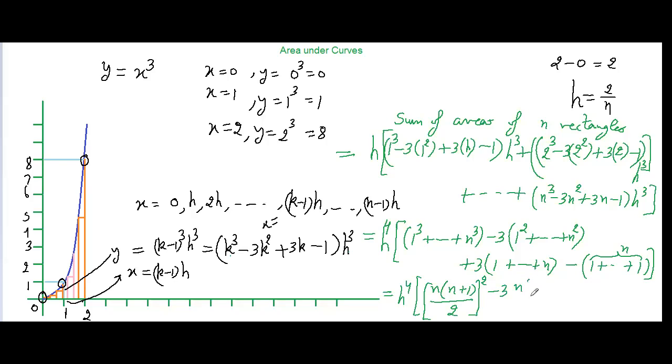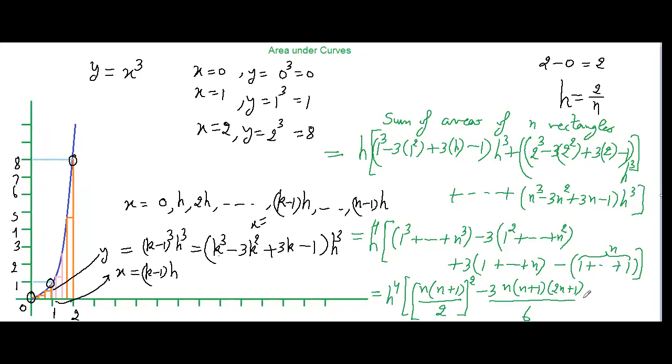Sum of the squares we have already used: n into n plus 1 into 2n plus 1 divided by 6. Then plus 3 times the sum of the first n natural numbers.